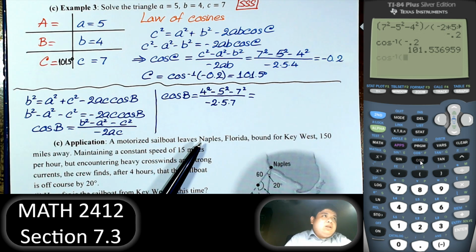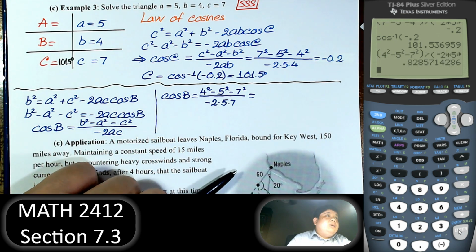I just take cosine inverse. Now let's do that first. On the top, 4 squared minus 5 squared minus 7 squared divided by negative 2 times 5 times 7.